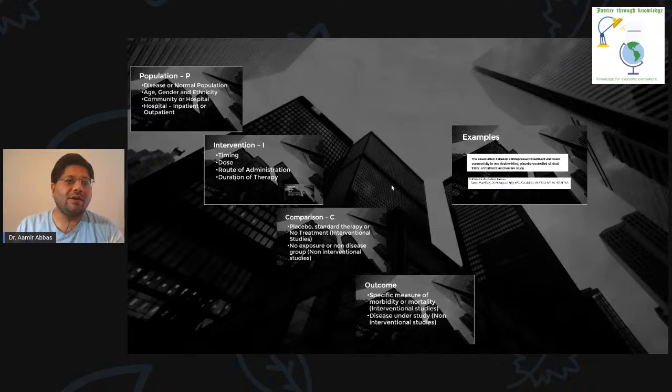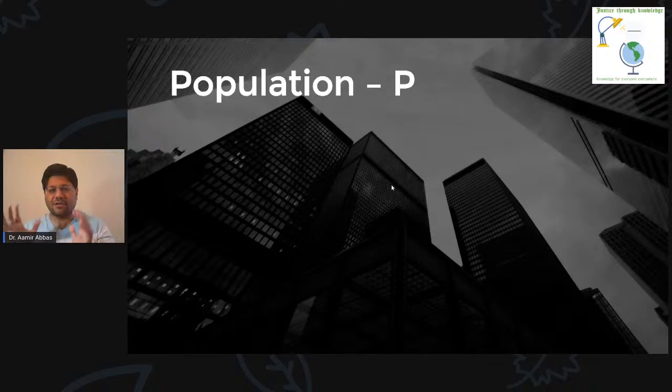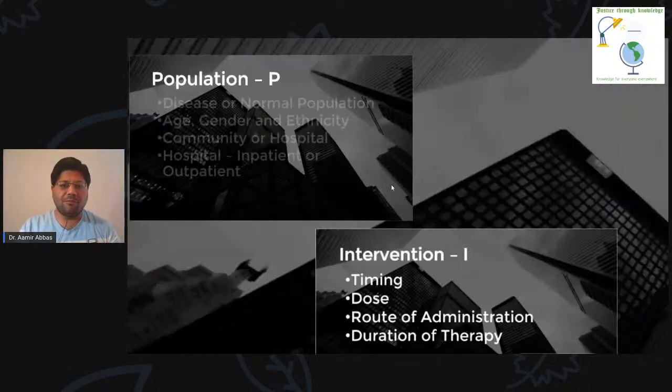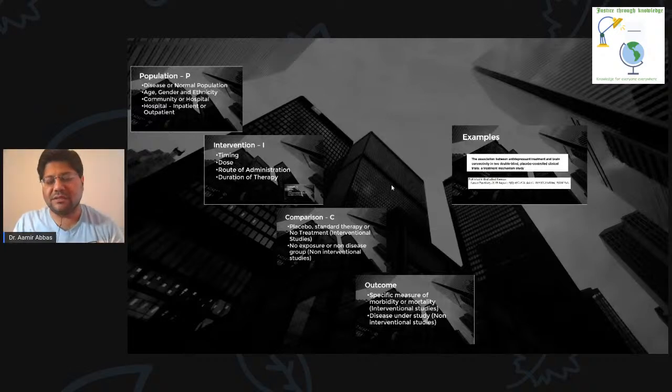So what do we mean by population? Whenever you formulate your research question, these components, which are the population, intervention or exposure, comparison group, and outcome, should be explicitly stated in the stem of the research question. One thing I will emphasize over here, whenever we are talking about research question, they are mostly not explicitly stated, but they are working like a conceptual framework at the back end whenever we are designing our research work, whenever we are stating our objectives in the manuscript.